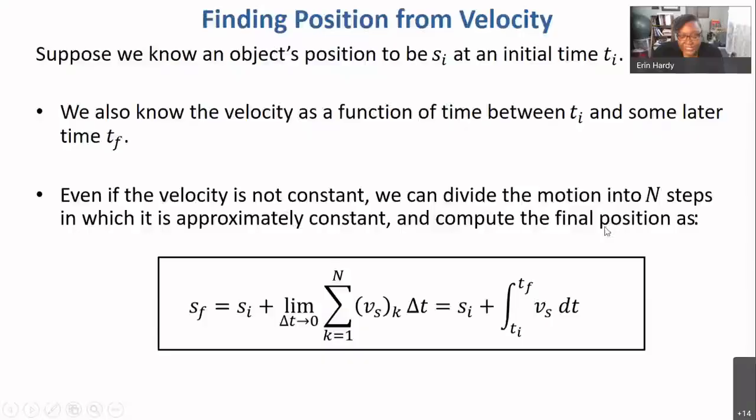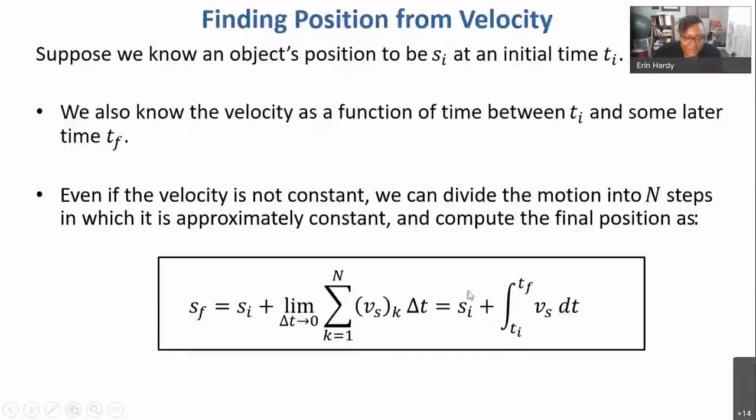So in other words, we can take our velocity versus time graph and figure out the area below that curve and use that to make some judgments about the displacement over that same interval delta t, where the displacement here would just be what I get if I take S final, the final position along our generic axis, and then subtract S initial. So I've got in the limit that delta t approaches 0, we're going to sum up all of these quantities Vs sub k times delta t.